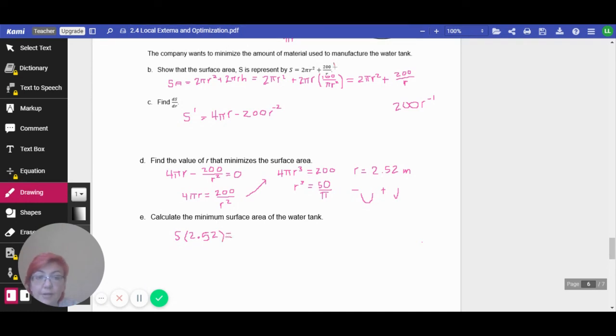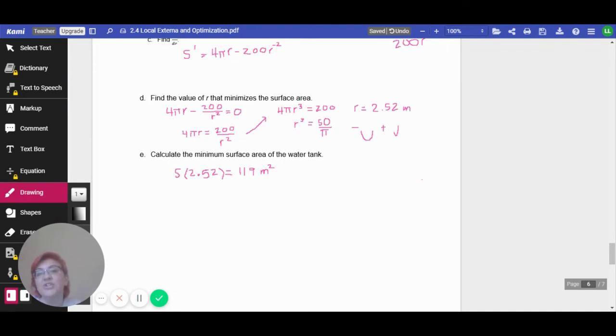And remember, from right up here, that is 2 pi, R is 2.52 squared, plus 200 divided by R, which is 2.52, and we find to 3 sig figs that our minimum surface area is 119 meters squared.